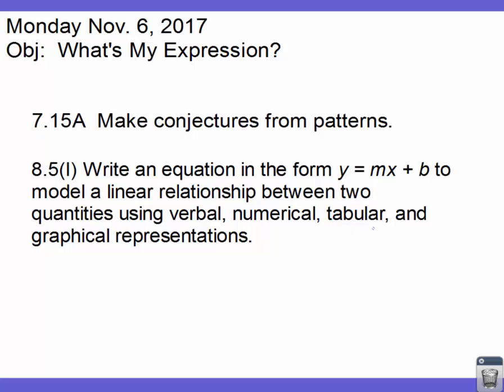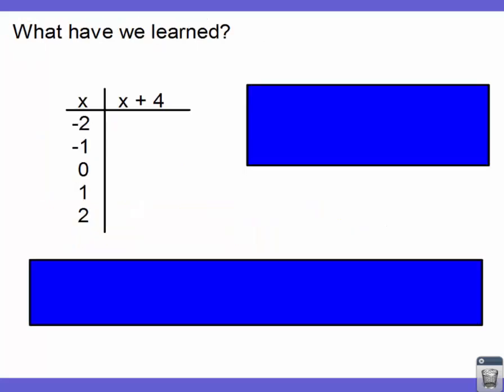Okay, so let's review what we've learned. Well, if I give you a T-chart like this, then you should be able to evaluate this expression, x plus 4, for these given values. Because we know this T-chart says if x is -2, then x plus 4 is what?